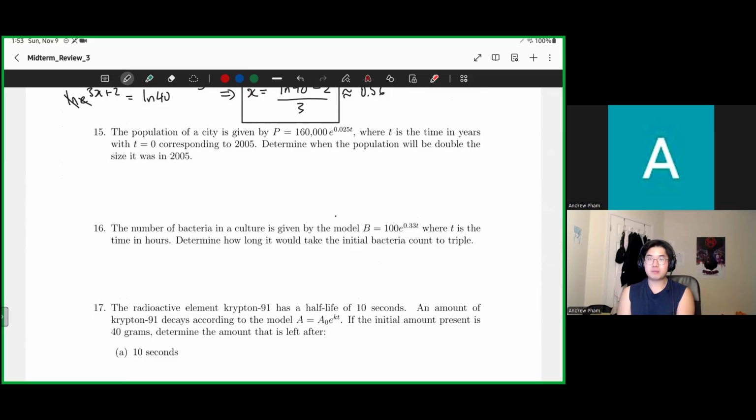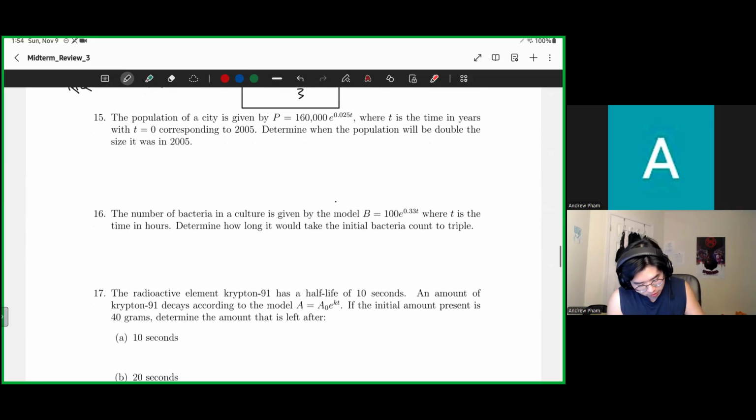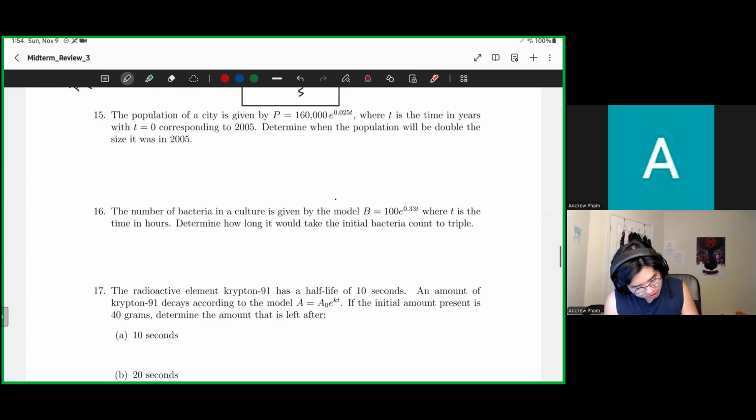We want to determine when the population will be double the size it was in 2005. So we have to find the population in 2005. We know that t equals 0 corresponds to 2005, so let's find P of 0, as in set time equal to 0 to find the initial population.